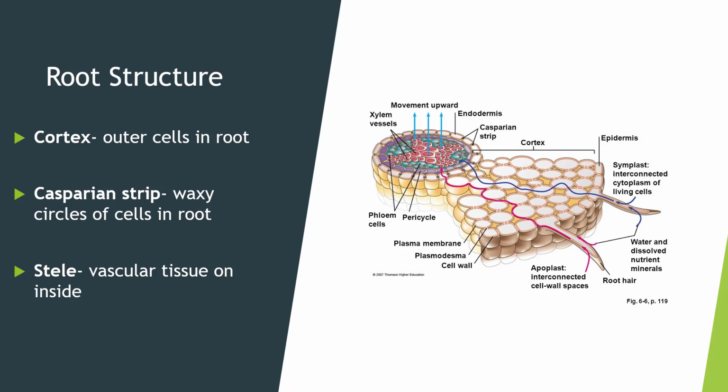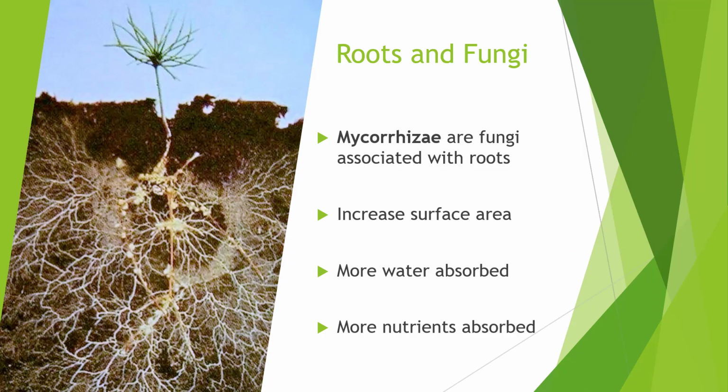So the things dissolved in the water will have to go through the cell, and the cell can say no to certain things dissolved in the soil. So if there was too much aluminum, perhaps, in the soil, that aluminum can accumulate in the cortex, but if the plant does not want to take up aluminum, it can prevent the aluminum from passing through the Casparian strip and getting into the stele. Because the stele is going to give the water to every other part of the plant, it pays the plant to be selective using that waxy cuticle in the Casparian strip.